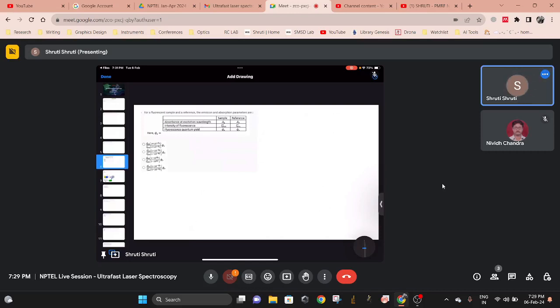The intensity of emission is given, and the quantum yield is denoted as phi S and phi R. We need to calculate phi S. The fluorescence quantum yield of the sample will be given by the number of photons emitted from the sample divided by the number of photons absorbed. So it's kind of the efficiency.